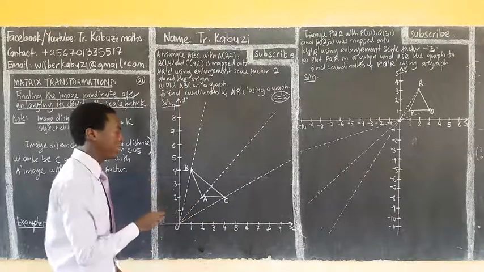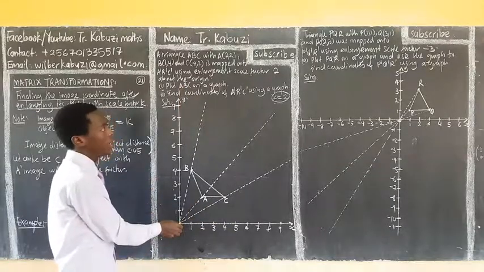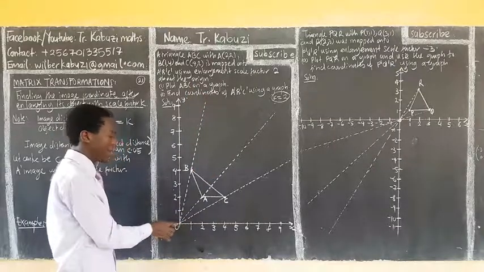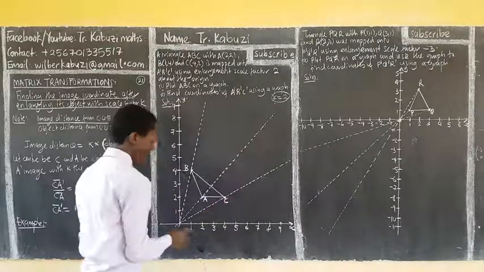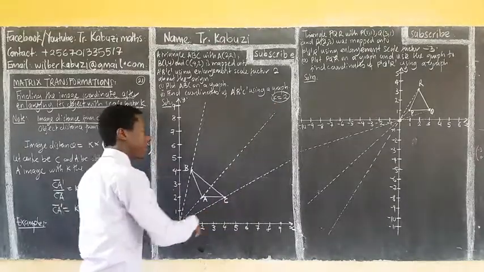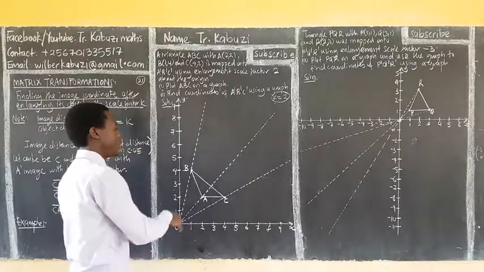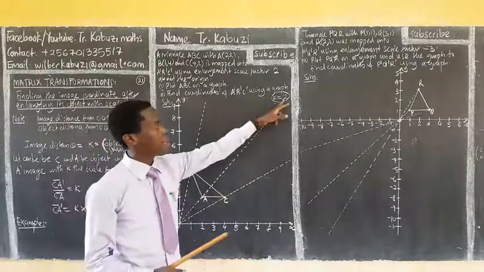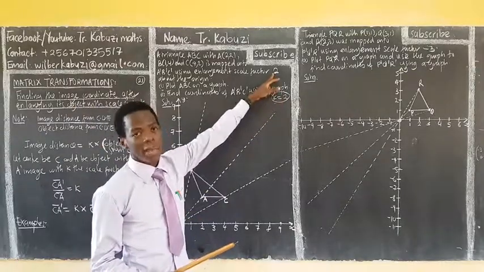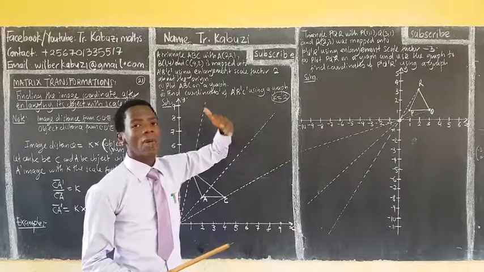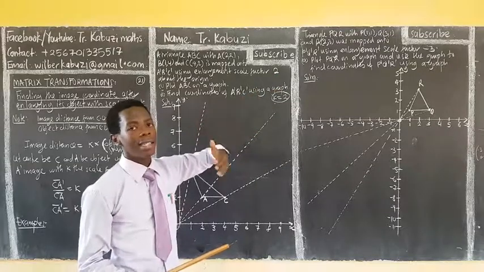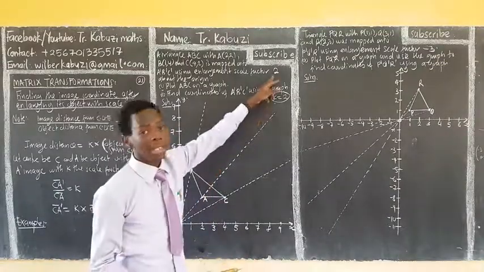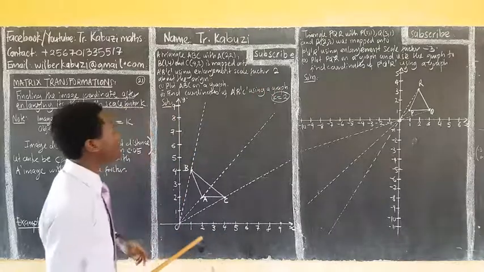Now, what you do first is draw a line from the origin, because we are enlarging about the origin, the center of enlargement, passing through A. Then also draw a line from the center of enlargement passing through C, and also through B. Because the scale factor is positive, the object and the image are on the same side of the center of enlargement. So all of them are on this side. That's why I'm drawing them on that side. Those are the concepts we talked about.